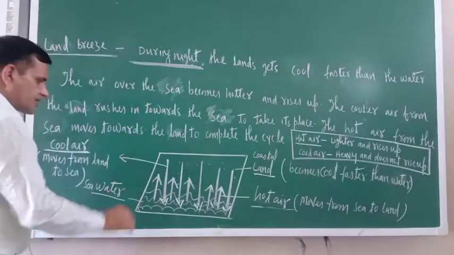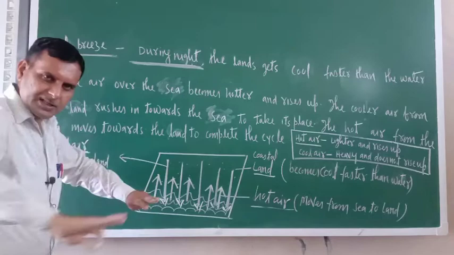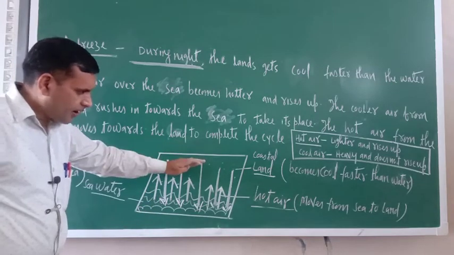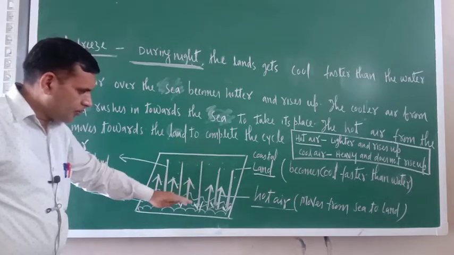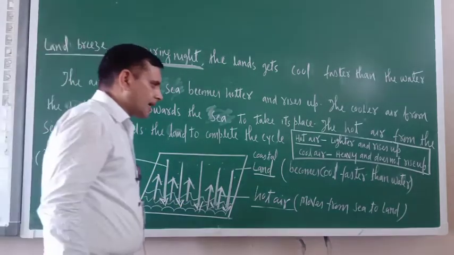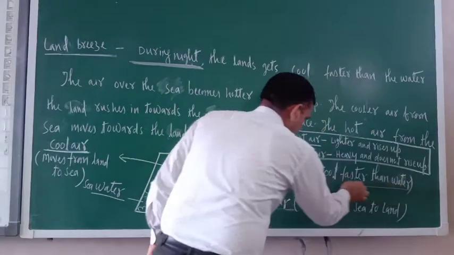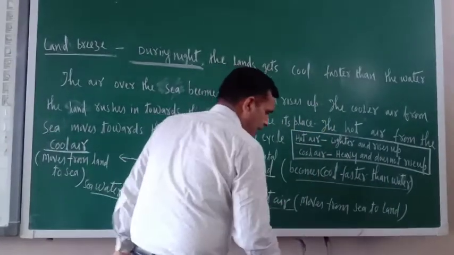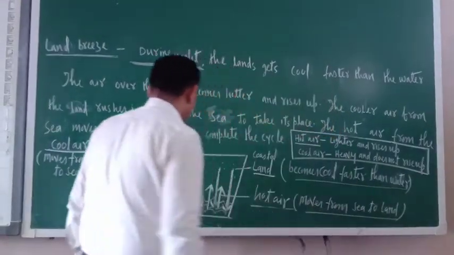You can understand it in this way only. So now two currents are generated here: from coastal land to water and from water to coastal land. Land becomes cool faster than water, and hot air moves from sea to land.